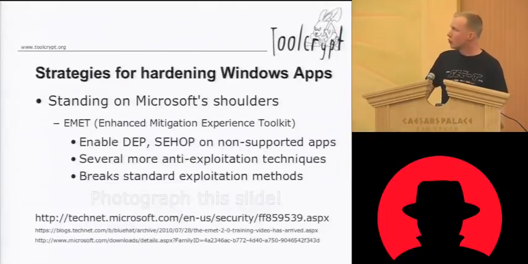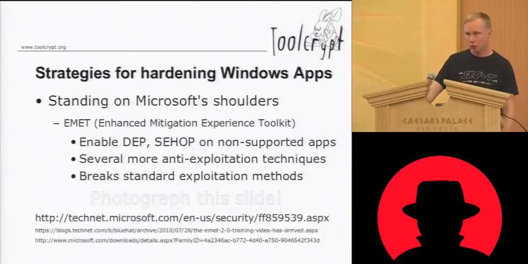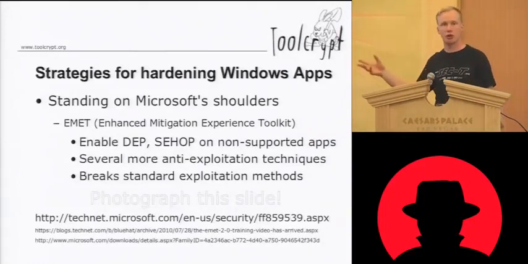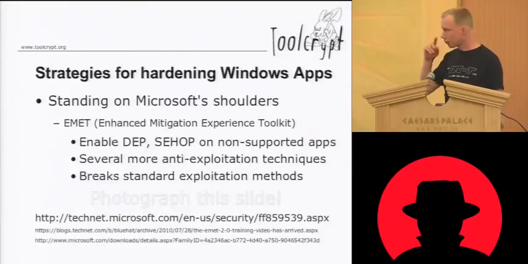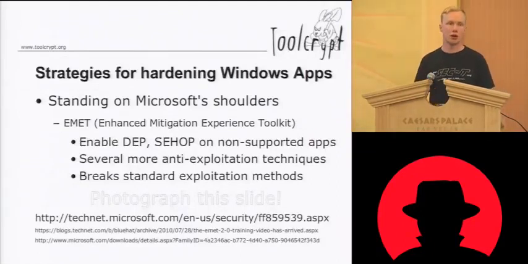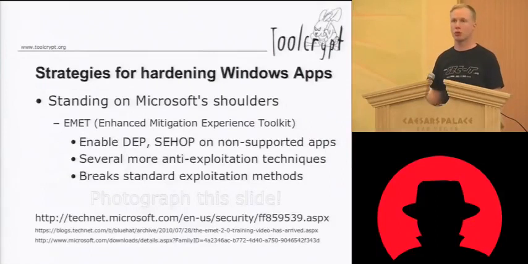And also there are some features in EMET that can enable, for example, ASLR and DEP for your processes without you actually having to be aware of all this stuff that I've been talking about before. So it can, for example, force modules to use ASLR even though they haven't been compiled with the dynamic base linker flag and stuff like that.